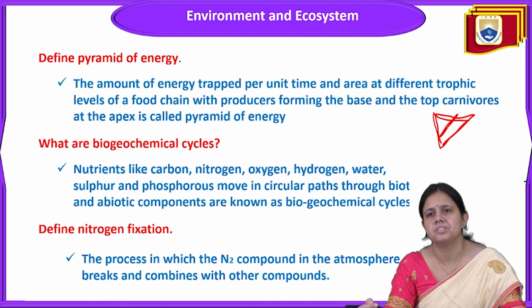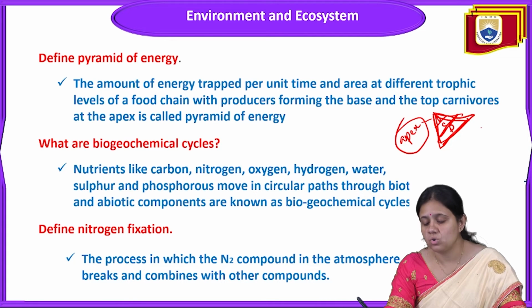Producer is at the base, and then carnivores and decomposers, secondary and tertiary carnivores, and the apex. This kind of pyramid is called the pyramid of energy.